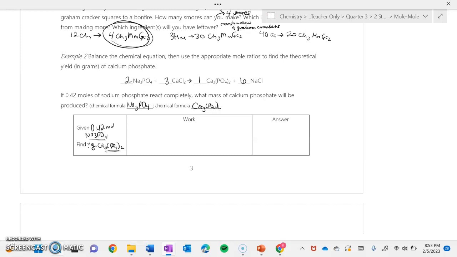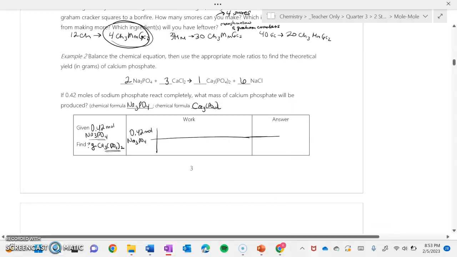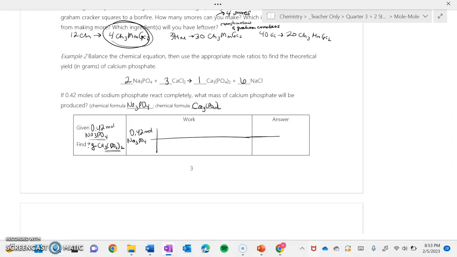So if I start my little conversion train tracks here, Na3PO4, there's my given. I need quite a few steps here, so it might spill into my answer box. Since my given is already in moles, I can go right to the mole ratio to compare the relationship between sodium phosphate and calcium phosphate.